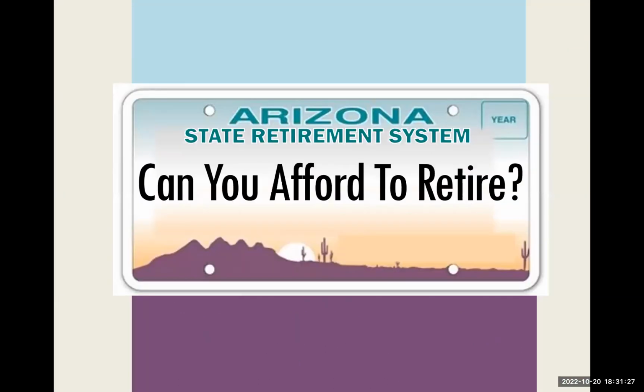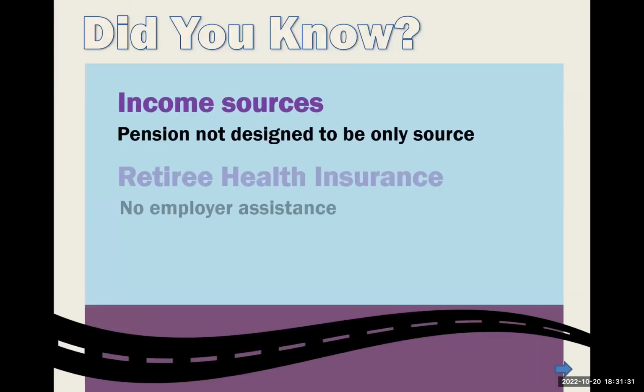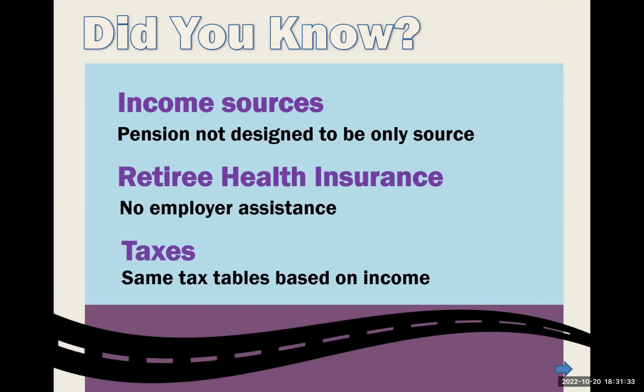All right, so now we're going to talk about whether or not you can afford to retire. Now, members have told us, if only I knew, I would have planned better. Well, we want you to be prepared, so please consider these 3 very important topics when deciding if you can afford to retire. First, did you know your pension was never designed to be your only source of income when you retire?